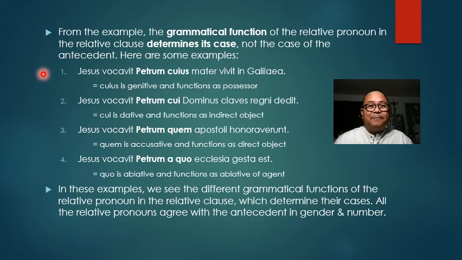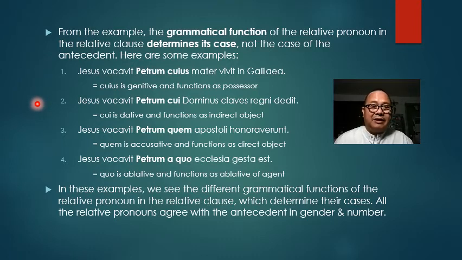Sentence number 1, the relative clause is cuius mater vivit in Galilea, whose mother lived in Galilee. Cuius is genitive case because it is the possessor. Its antecedent is Petrum, again masculine singular, agreeing with Petrum.